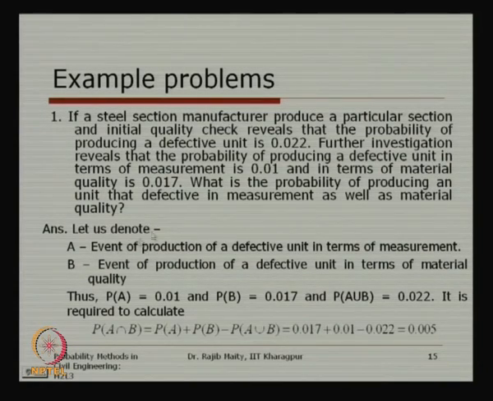So, we can assign two different events. The first is event A, the event of production of a defective unit in terms of the measurement. And the second is B, the event of production of a defective unit in terms of the material quality.